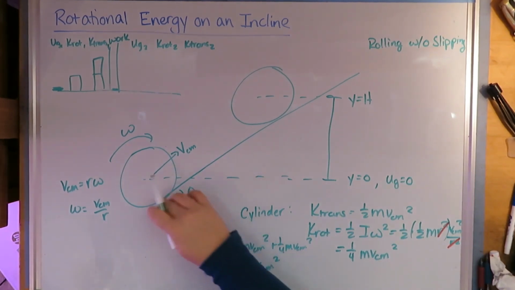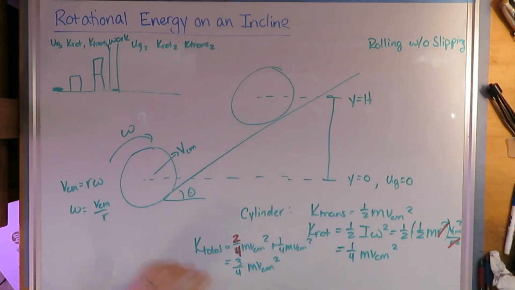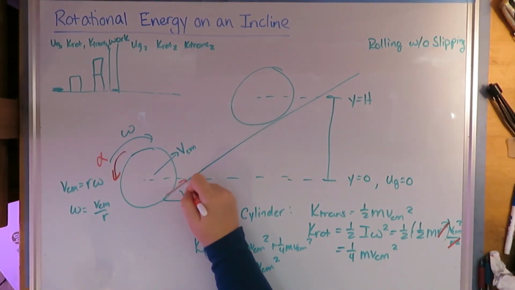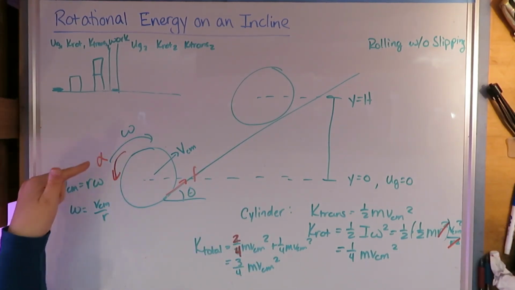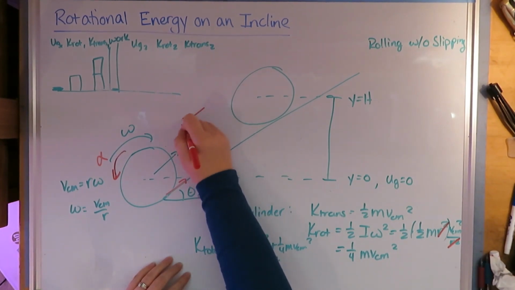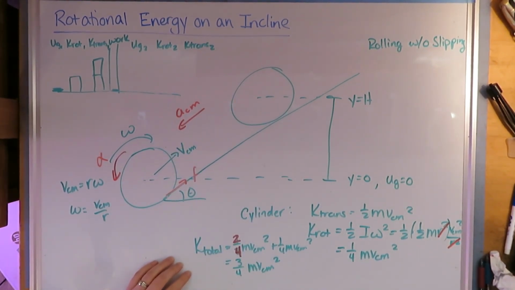But the idea is, as this thing rolls and gets to the top, as we know, there's going to be a net torque causing an angular acceleration in the opposite direction, due to that friction force going up the ramp. So it's going to start to slow down rotationally. But then the linear acceleration of our center of mass is related.